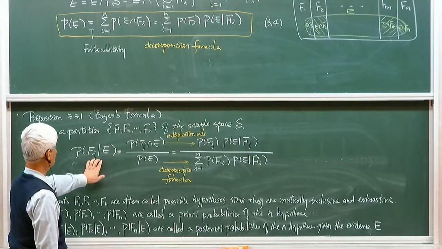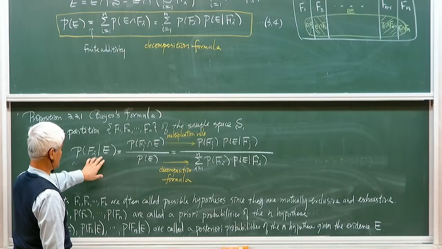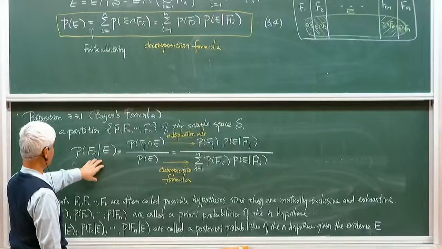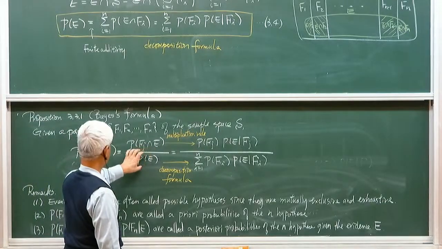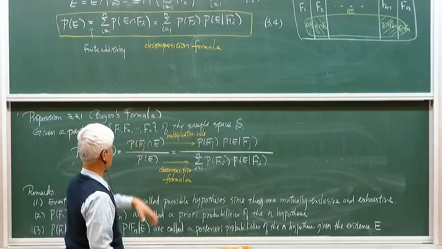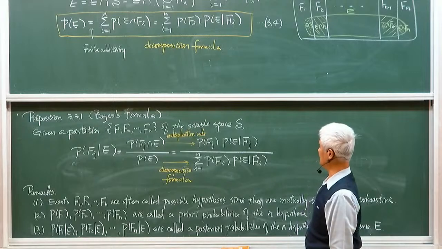The computation of this posteriori probability, which is just the conditional probability of Fj given evidence E, would be this one. By the Bayes formula, it will be this formula.